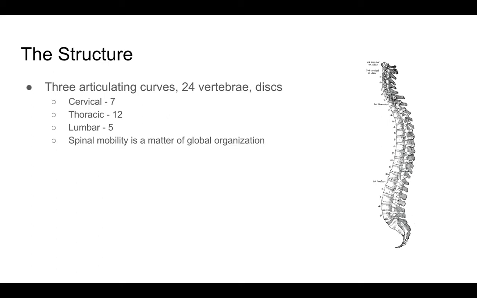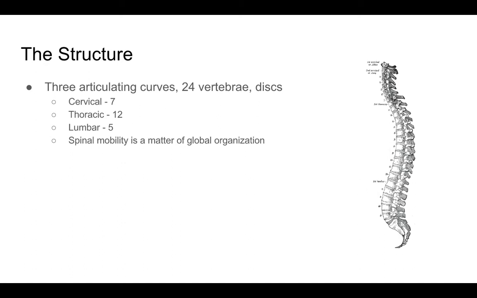We can also see with this many separate joints within the spine, because each of these vertebrae disc articulations is a joint, spinal mobility is a matter of global organization. We need to make sure that we have proportionate flexibility throughout the spine if we want to have true spinal mobility.